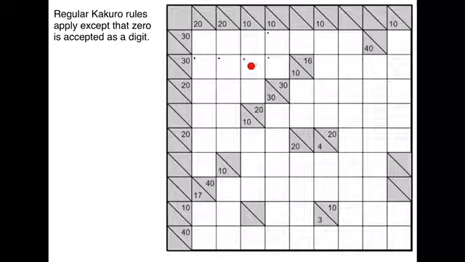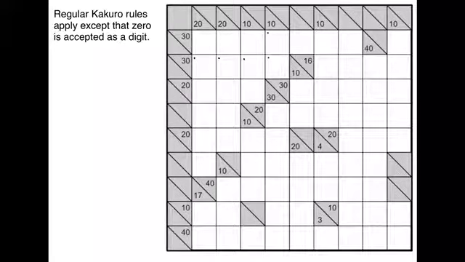Now, I was about to say that this has to be 6 or 7, but that is regular Kakuro, so not necessarily. It could be 9, 1, and 0, but actually no, because of this 20 clue. 20 can't include a 0 because 2 digits can't add up to 20.